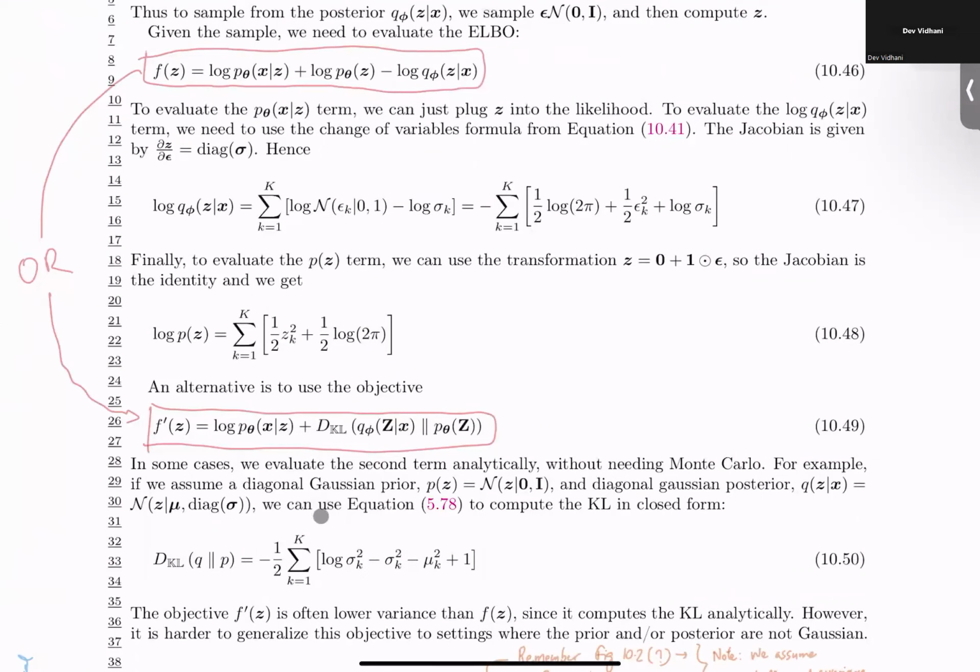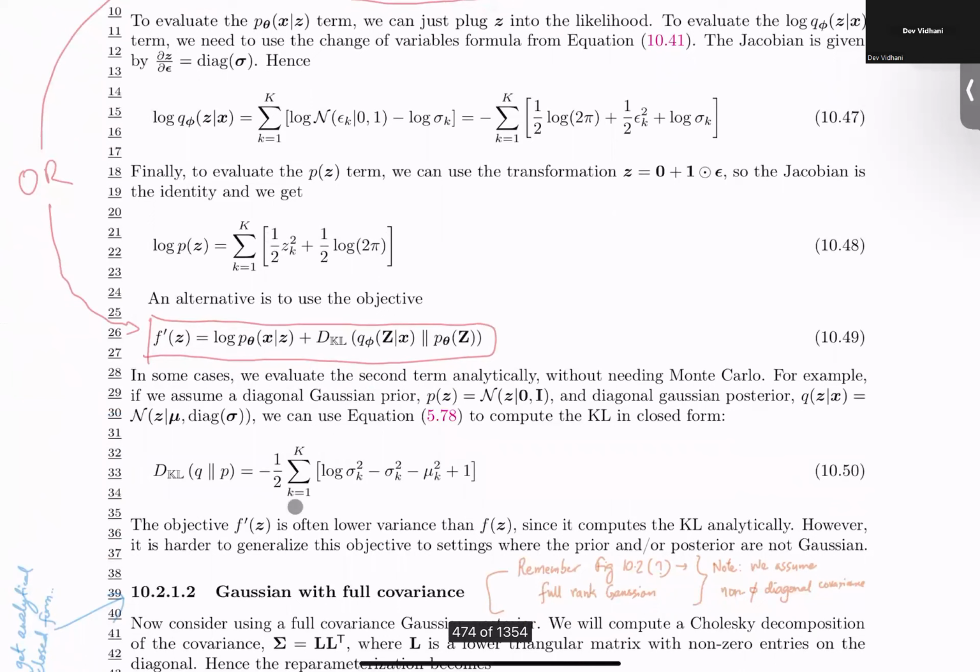I looked at it, but I have forgotten since I saw it, but essentially it comes down to a very simple expression. For whatever sigmas and mu's are being estimated by your network for phi, the loss you have to look at is very straightforward, and you're trying to optimize for that.